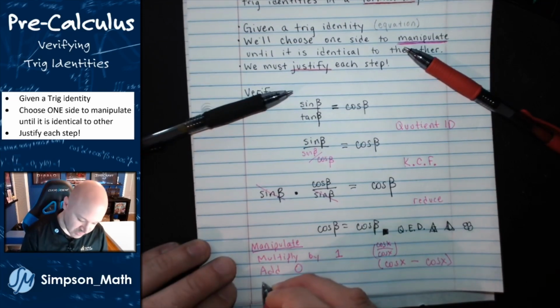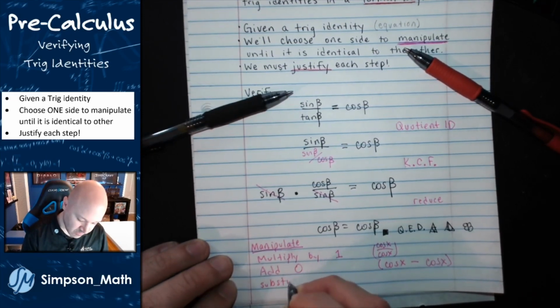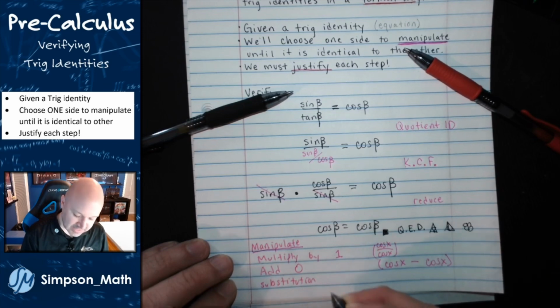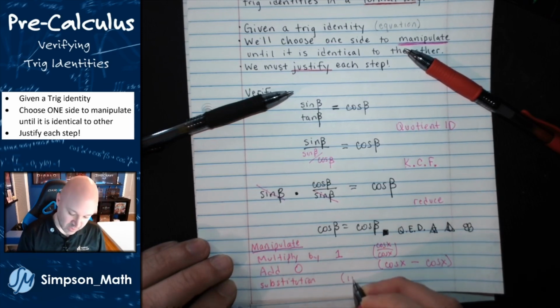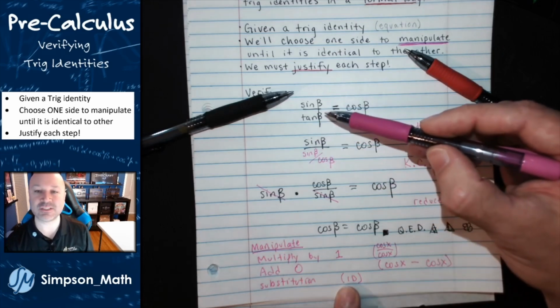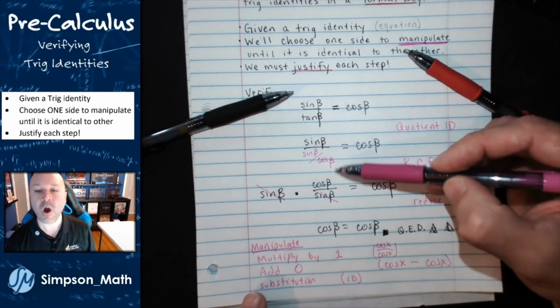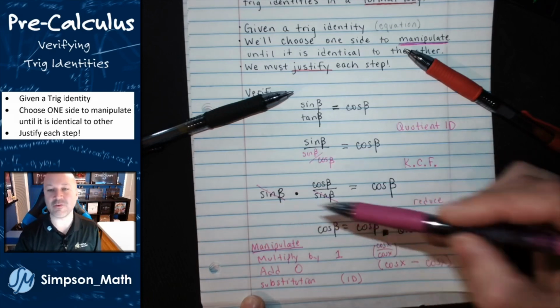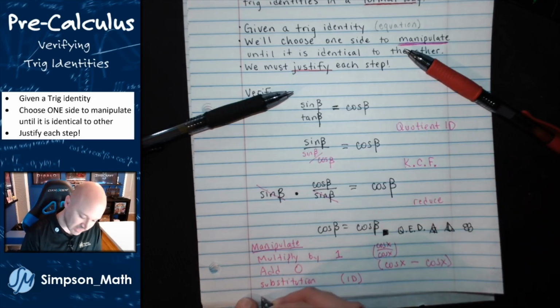What we did was substitution. This is typically an identity that we know, like a fundamental identity. That's what we did in the very first step. We just substituted. Oh, and then this was just arithmetic or algebra. That's allowed, of course.